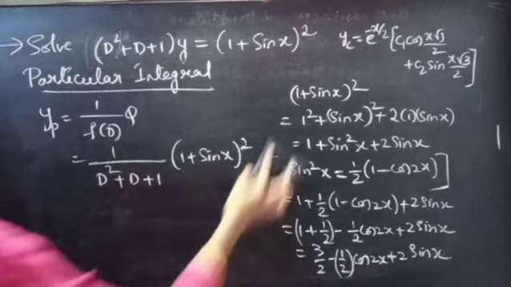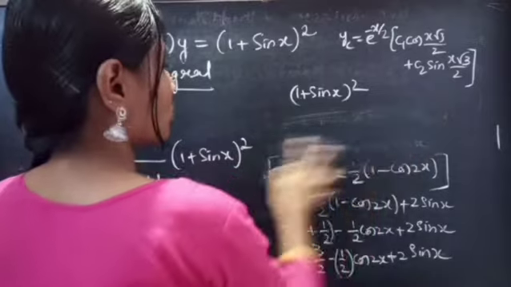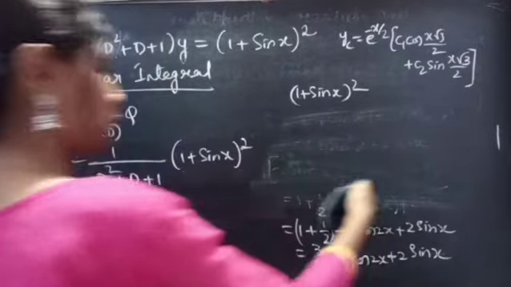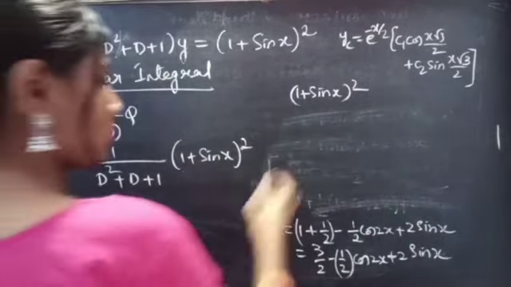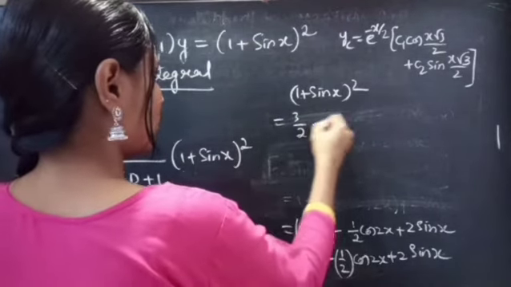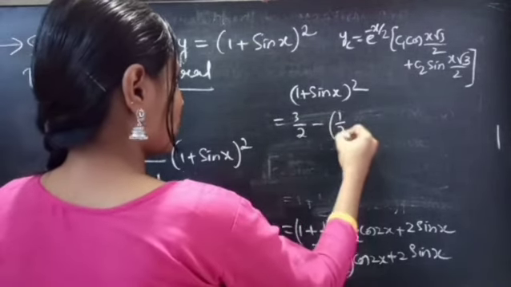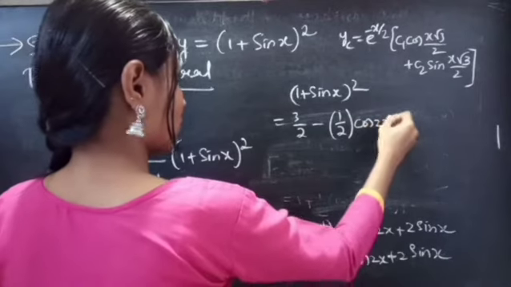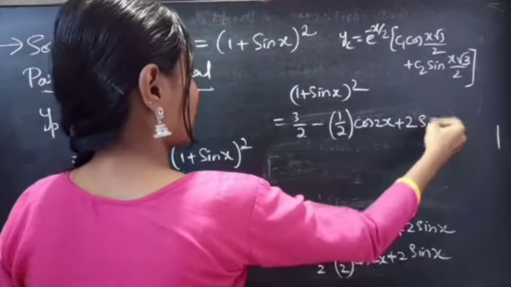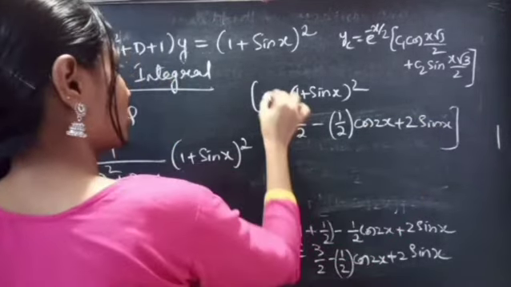Now we have 1 plus sine x whole square equals 3 by 2 minus 1 by 2 into cos 2x plus 2 into sine x, right?